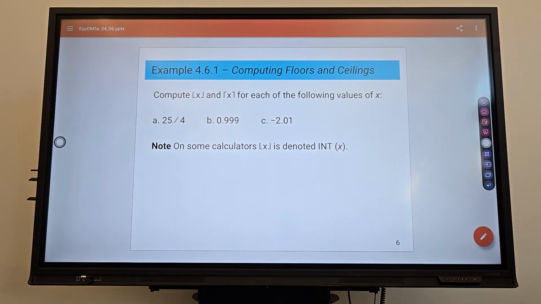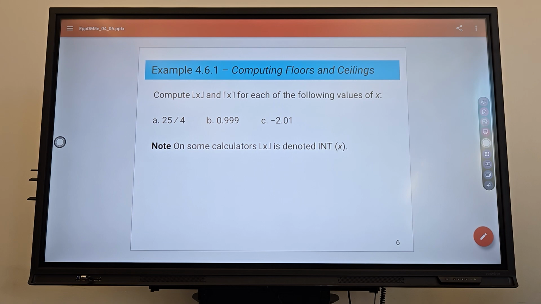Compute the floor and ceiling for each of the following values of x. A, 25 divided by 4. 25 divided by 4, what's the floor and the ceiling? And the ceiling value?